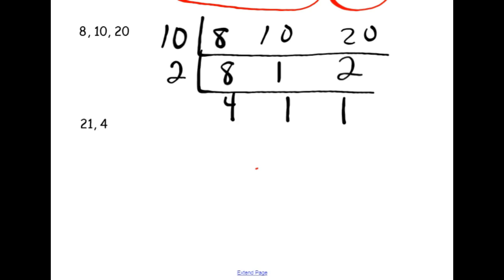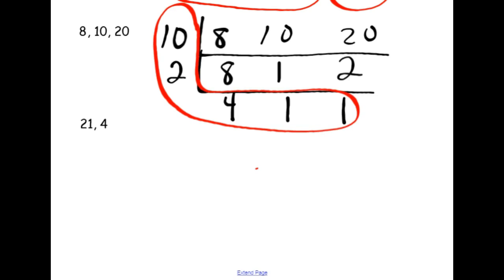And now we're done, because 1, 1, and 4 don't have any factors in common except for 1. So we're going to multiply all the numbers along our L. 10 times 2 is 20, times 4 is 80, times 1 times 1. 80 is the least common multiple for 8, 10, and 20.